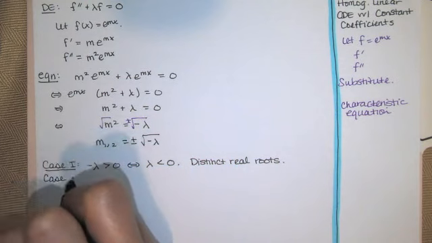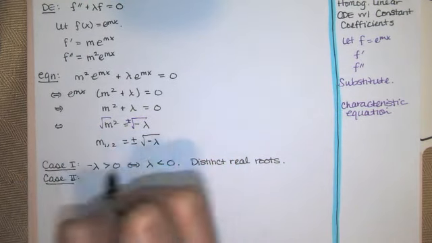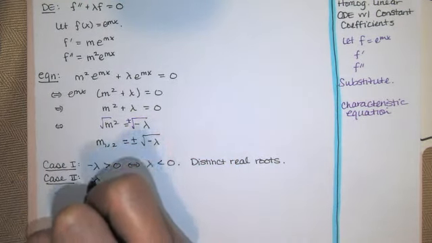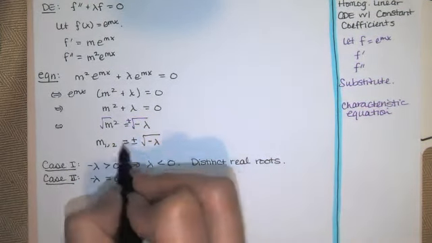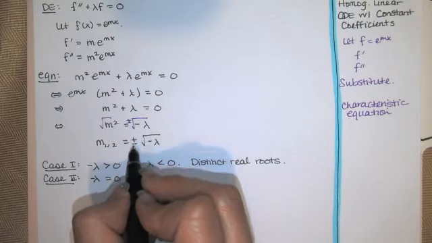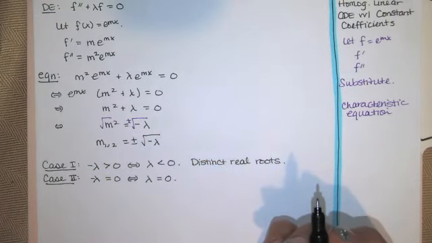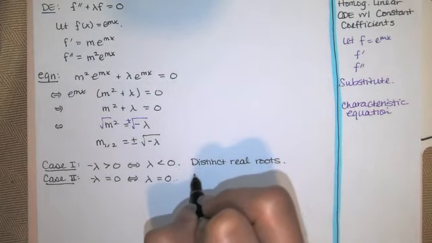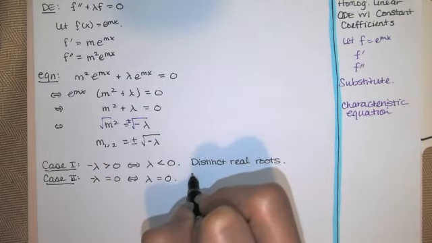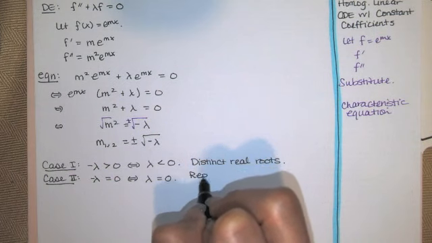This second possibility is that the expression under the radical could be 0. So lambda might be 0. In that case, m1 and m2 are both equal to plus or minus the square root of the opposite of 0, which is 0. So m1 and m2 are 0. So they're the same and they're both real. So we call that a repeated real root.